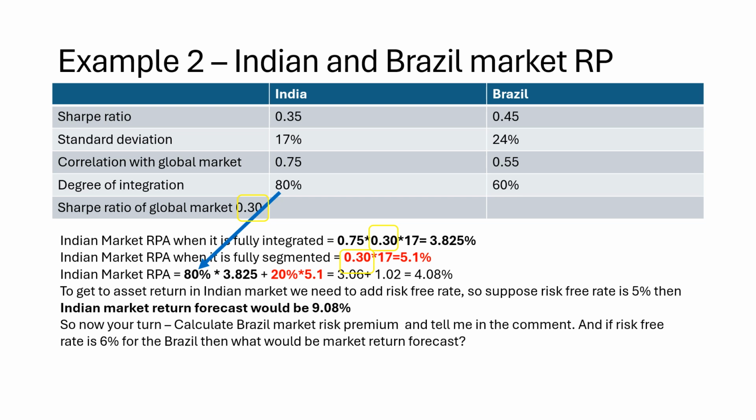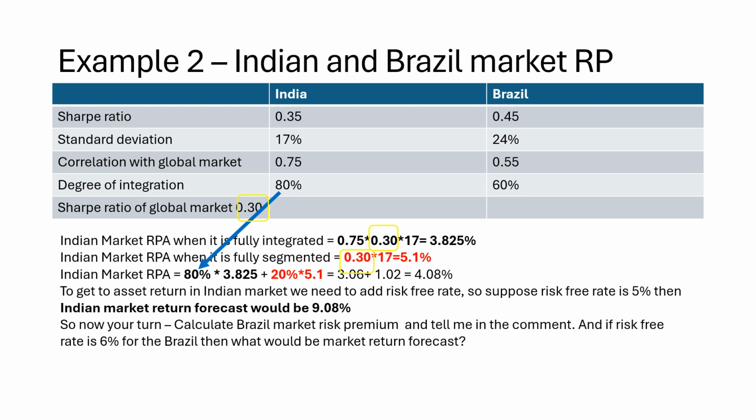Now how do we calculate it when it is neither fully integrated nor fully segmented? We take the degree of integration and multiply it with the fully integrated risk premium, 3.825%. We multiply it with the 80% degree of integration, and then the remaining 20% we take from the fully segmented market. Remember, because the Indian market is only 80% integrated, that's why we are taking 80% of the risk premium from the fully integrated RPA.